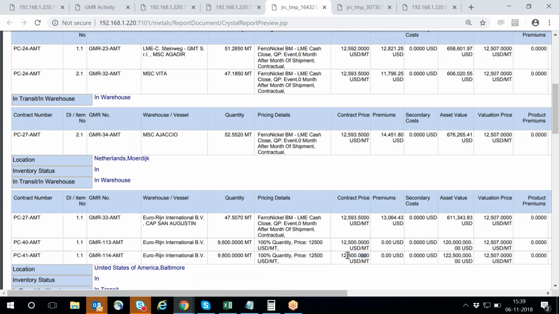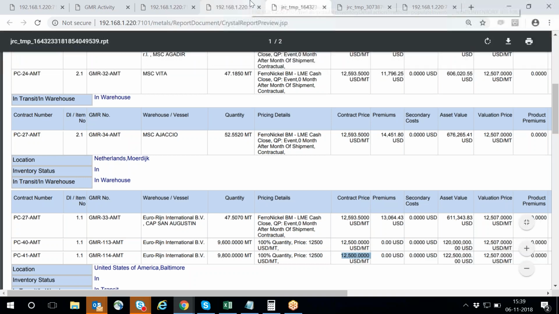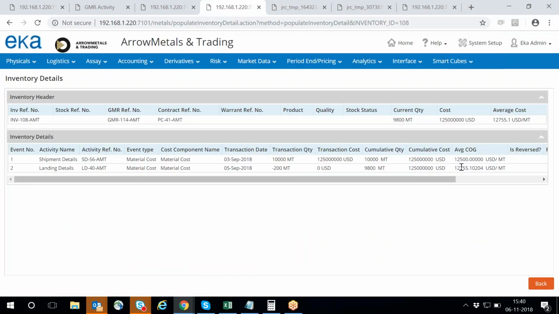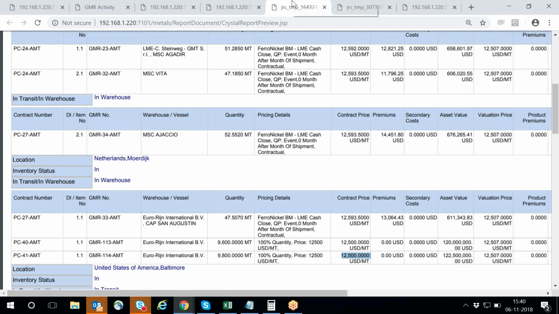So this is the fixed price contract. Currently we are not considering the losses in unrealized P&L, and we'll have to enhance this report as well to consider the cost of goods that got increased because of the transit loss. The quantity will be the same, but the price that is getting considered will be based on the inventory price. So average COP price.